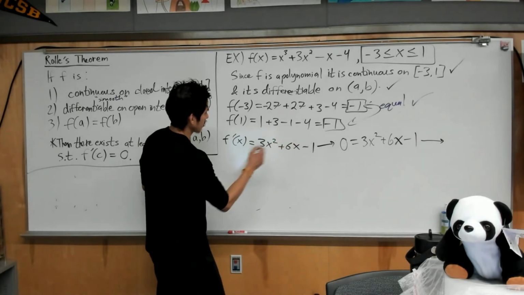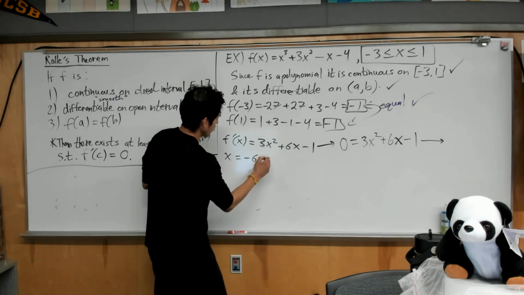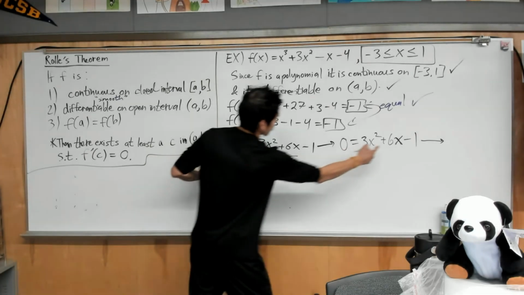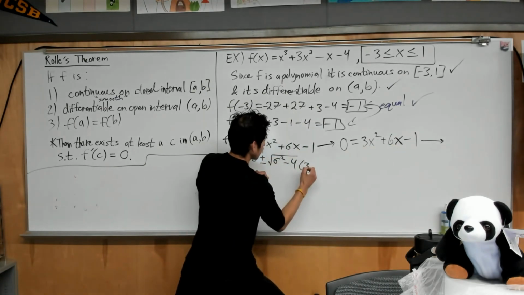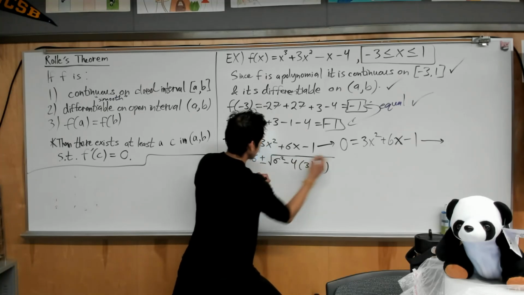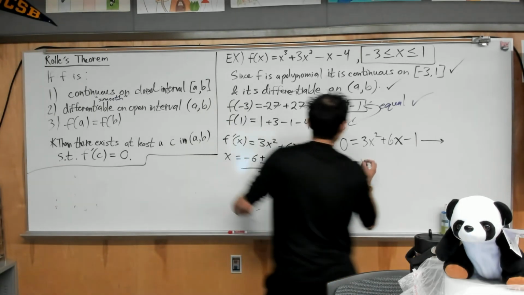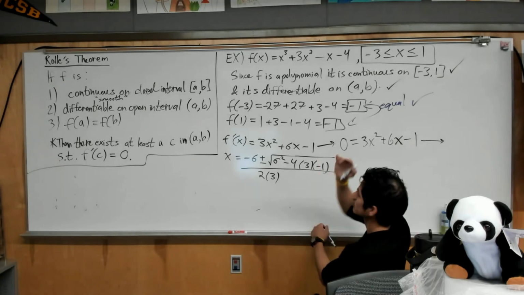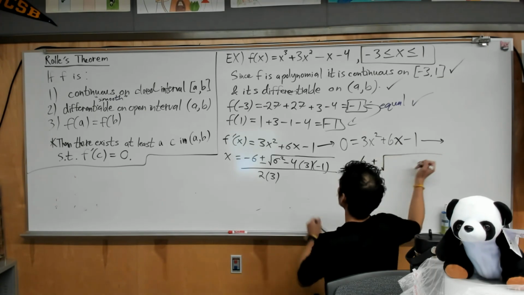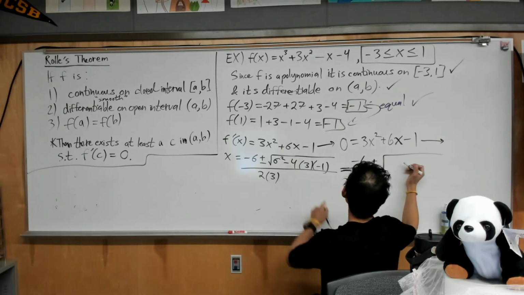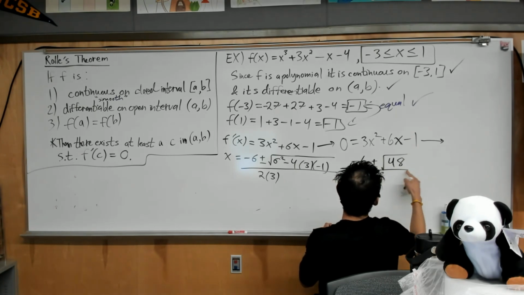Using the quadratic formula, x will be equal to -b plus or minus the square root of b squared, so 6 squared, minus 4a times c, all over 2a. That's 36 plus 12, so 48, over 6.